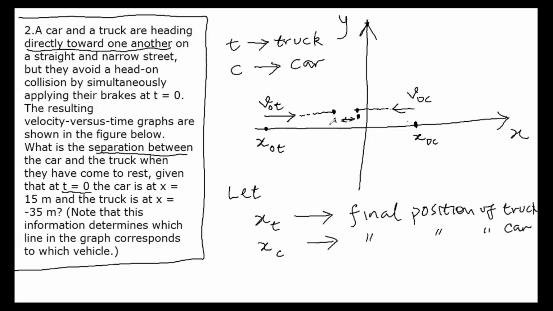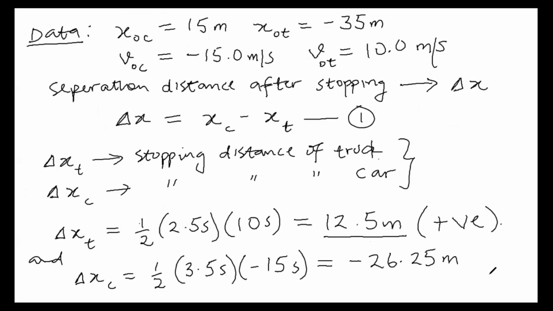So in order for us to find its final position, we just have to add its initial position plus the distance that it has covered. So basically the final position of the truck will just be equal to the initial position of the truck plus the distance that this truck has covered while stopping.